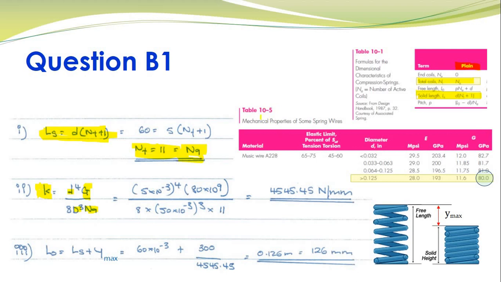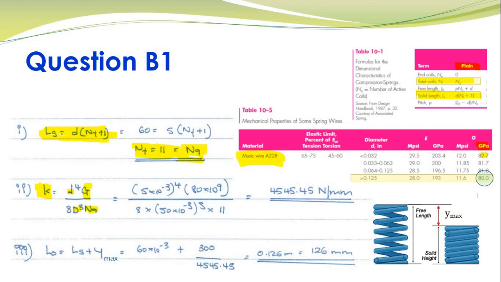The spring was made from music wire, so I have to refer to this material over here. For music wire I can read my values. Modulus of rigidity is contained in the last column.